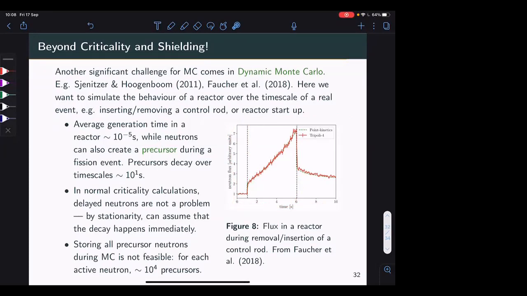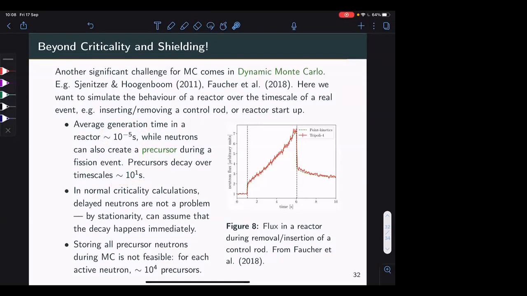there's a real problem here: typical generations of particles are of order 10 to the minus 5 seconds. That's the time between fission events. But we often create precursors during fission events, and these precursors decay over much longer timescales, perhaps of order 10 seconds.